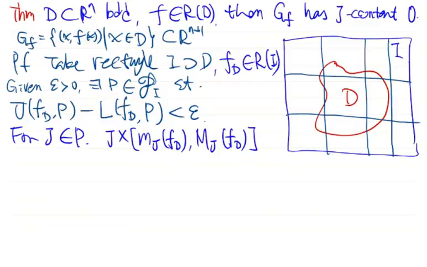This gives us an n+1 dimensional rectangle, a rectangle in one more dimensional space, R^{n+1}. Okay, this is easy. An n-dimensional rectangle Cartesian product with an interval. The result is an n+1 dimensional rectangle.